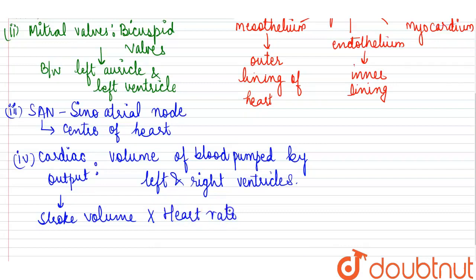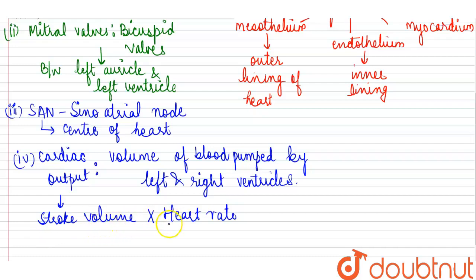Stroke volume refers to the volume of blood that is ejected from each ventricle during the contraction of heart muscles. Heart rate refers to the number of times our heart beats per minute.